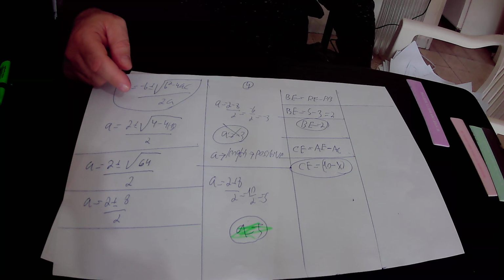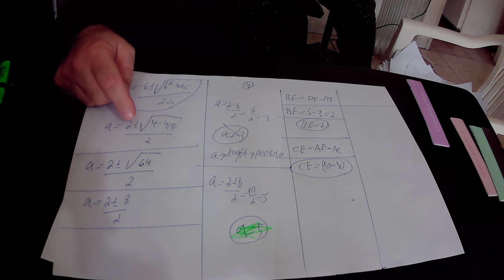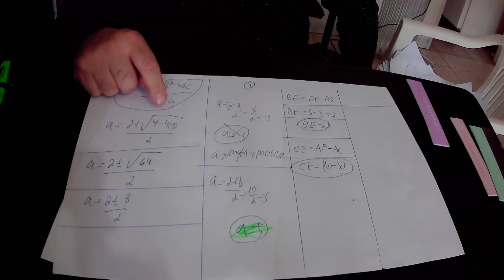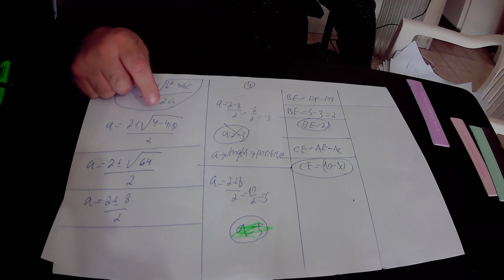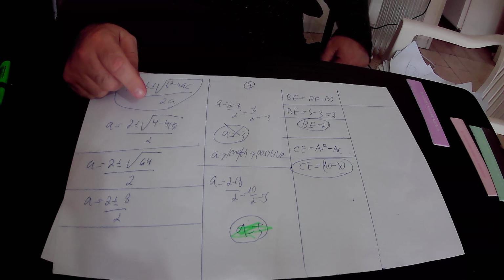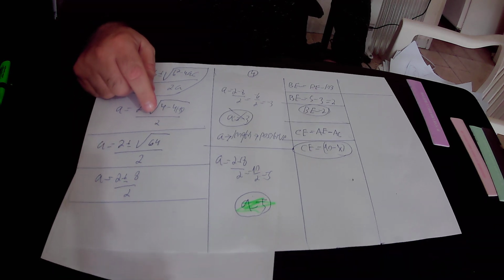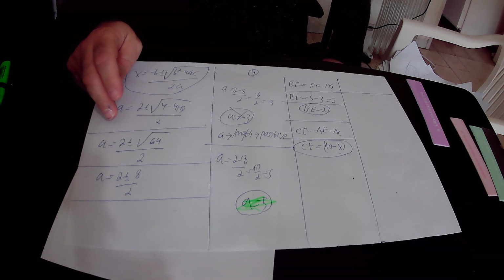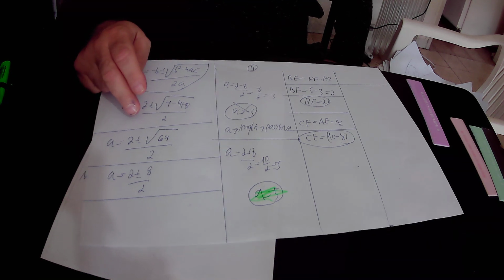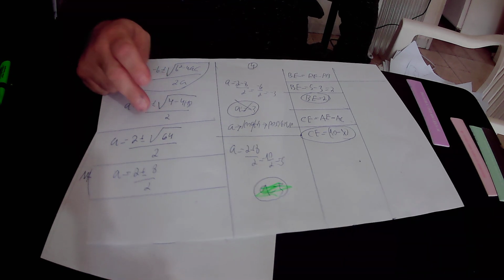So here A equals 2 plus or minus the square root of 4 times minus 15, which is plus 60, and 60 plus 4 is 64. So inside the root we are left with only 64. In conclusion, A equals 2 plus or minus the square root of 64 over 2.